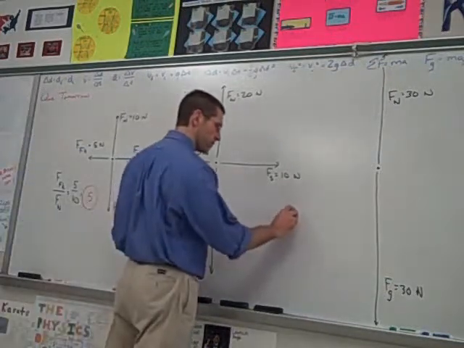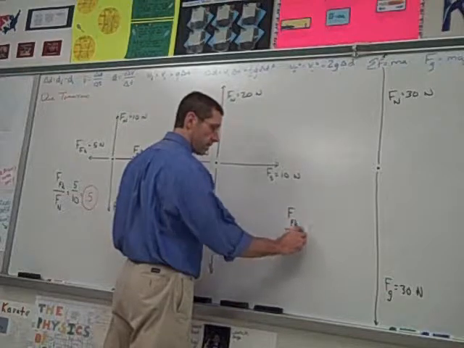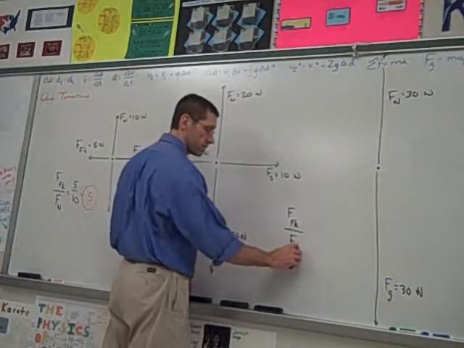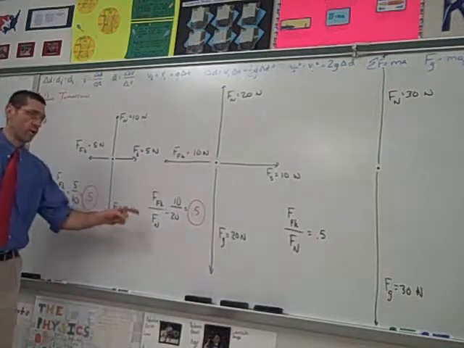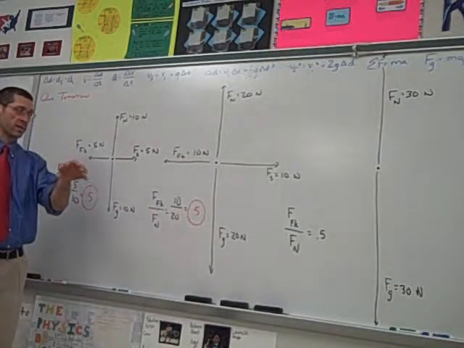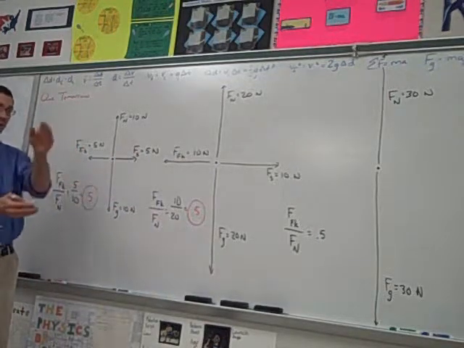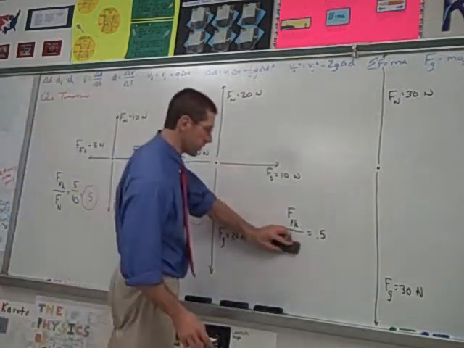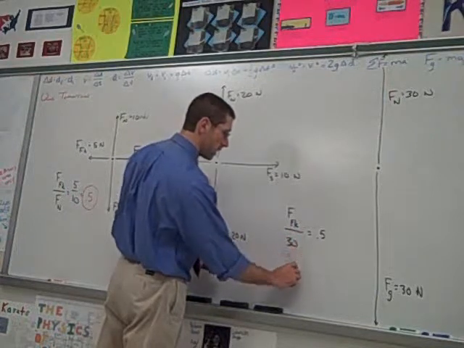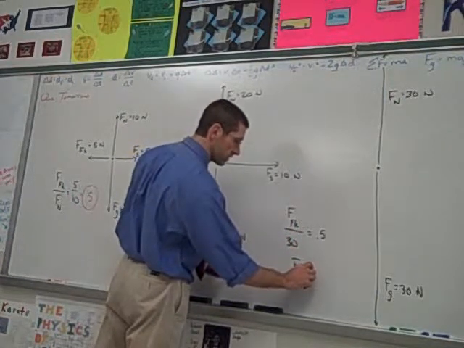So let's look at that. The friction force over the normal force is 0.5, because we've measured that. So what we found out experimentally is that friction to normal for that box on that surface is 0.5. If my normal force is 30, then I can calculate my kinetic friction is going to be 15.